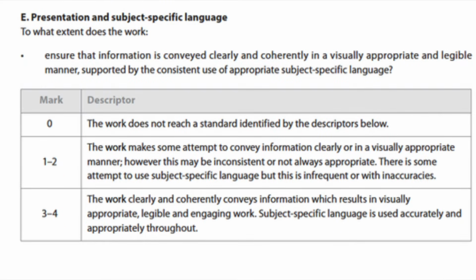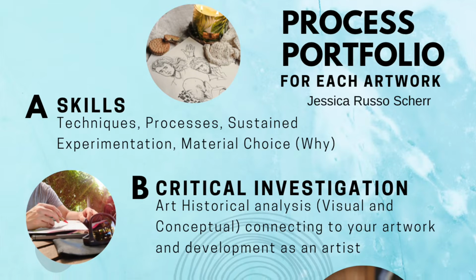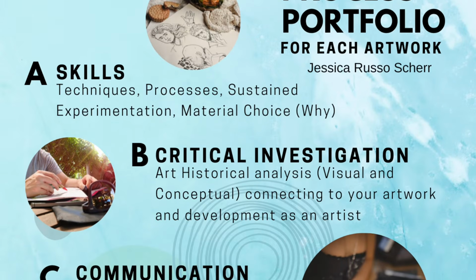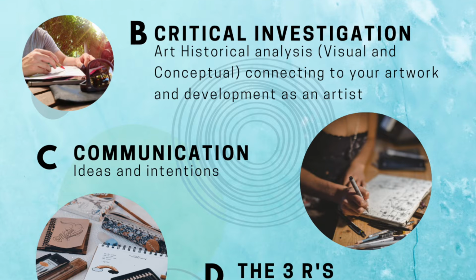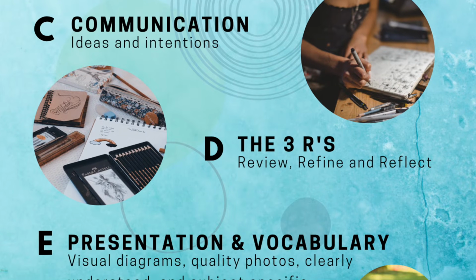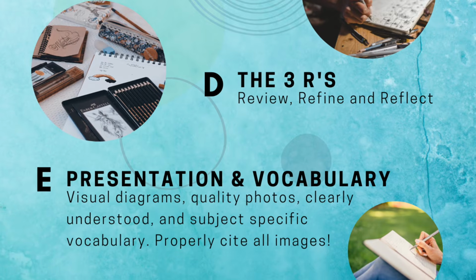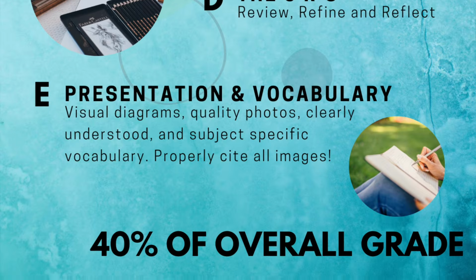The IB art assessment criteria for the process portfolio is your guide, and I try to synthesize it with these 5 tips. By breaking down the IB art assessment criteria into some simple words that you can easily refer to, I have this poster, which is also available on my website, that you just print out and put in your visual arts journal as sort of an overall quick reference guide.